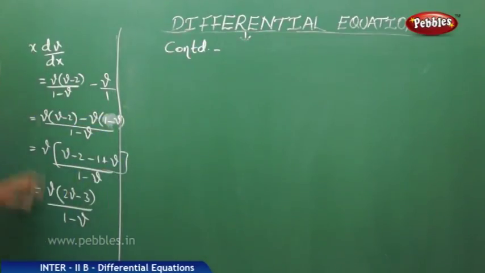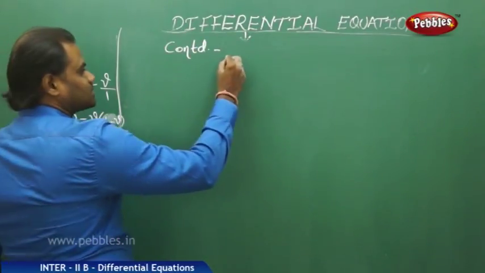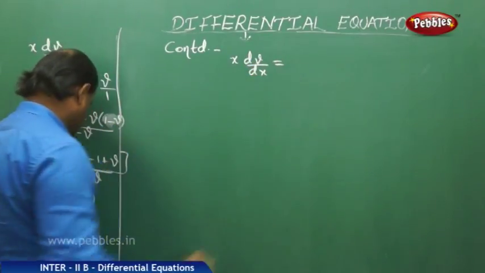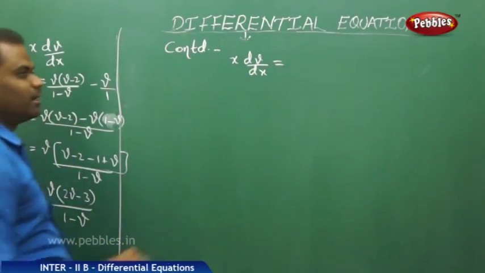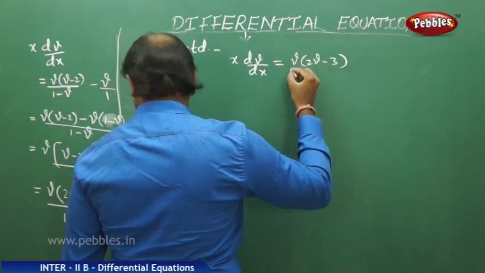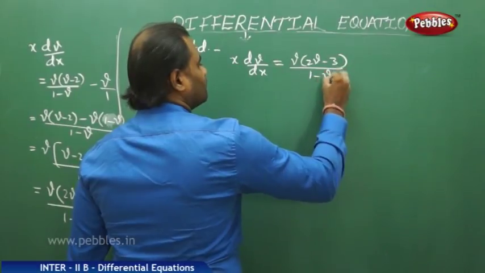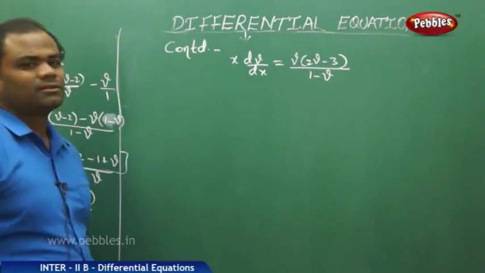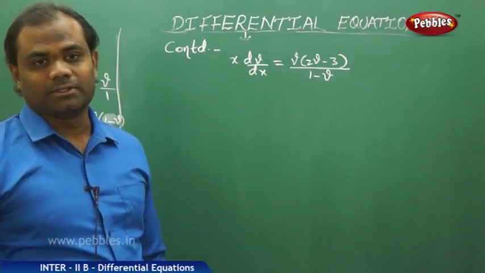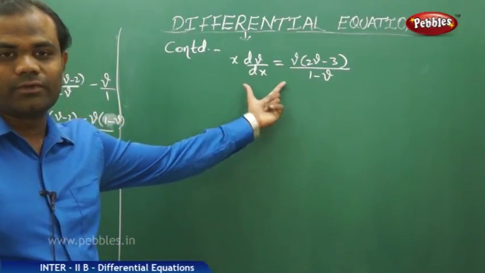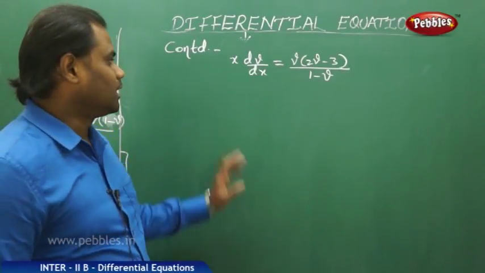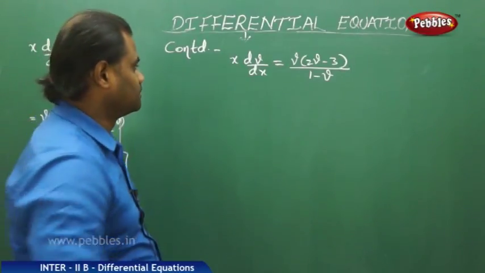So we get this as v times 2v minus 3 by 1 minus v, and therefore, continuing from here, I have x dv by dx equals v times 2v minus 3 by 1 minus v. So here now we are going to separate this into variables. That is, we are going to use the variable separation method, where all v terms are brought to the left and x terms to the right.